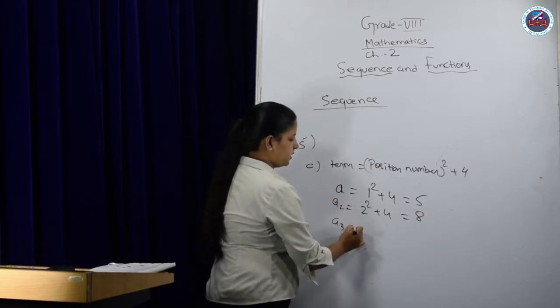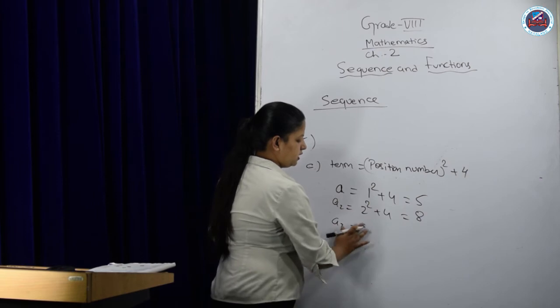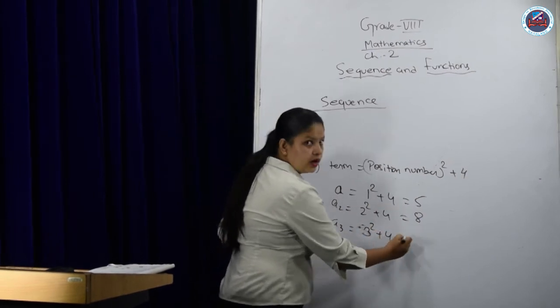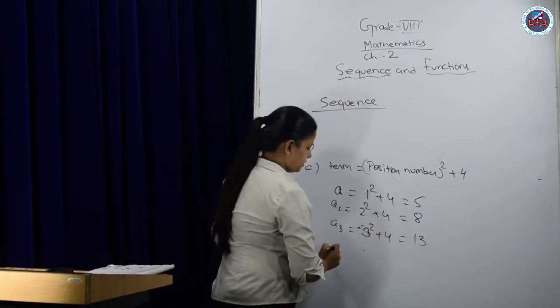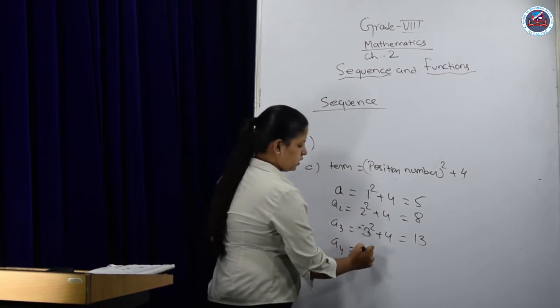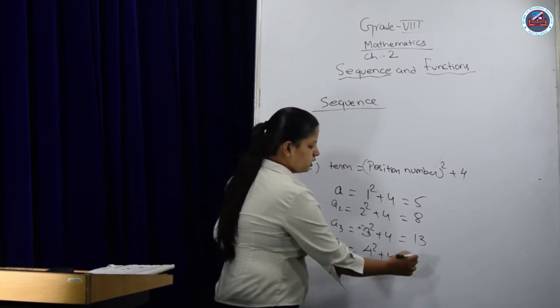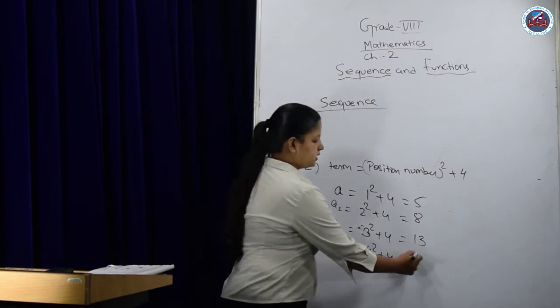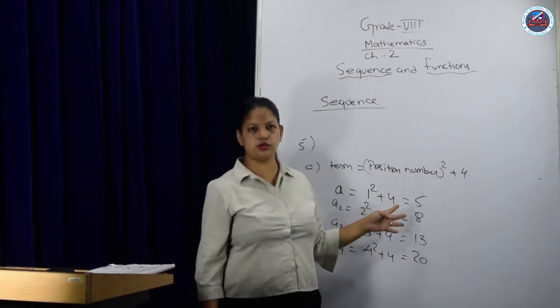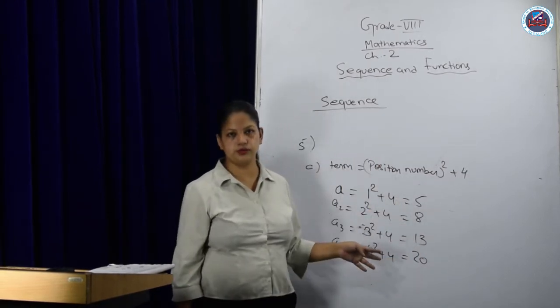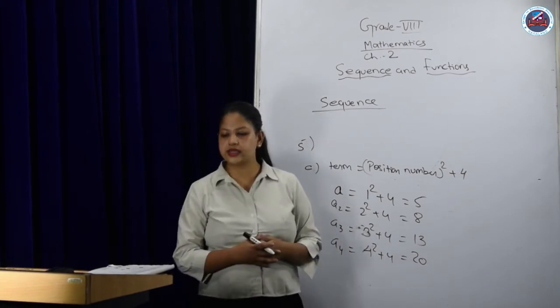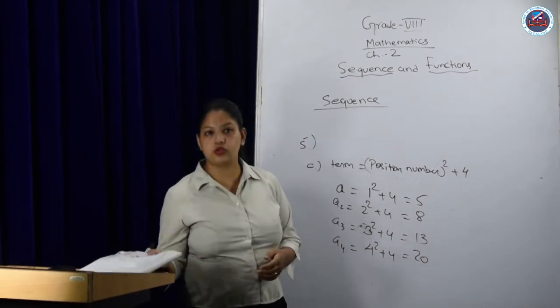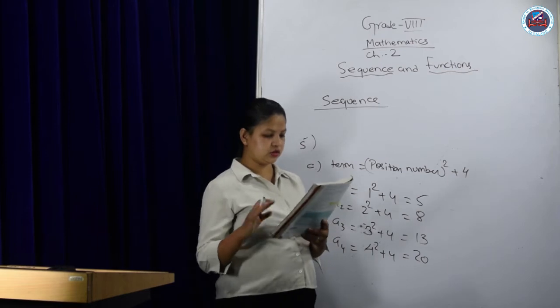Similarly, the third term will be 3. 3 square plus 4, 13. The fourth term will be 4 square plus 4. 4 square 16 plus 4, 20. It goes on. They are asking you just to find 4 terms. This is how we do it. Now like this, please try to complete question number 5 everything. 6 also you can work out.